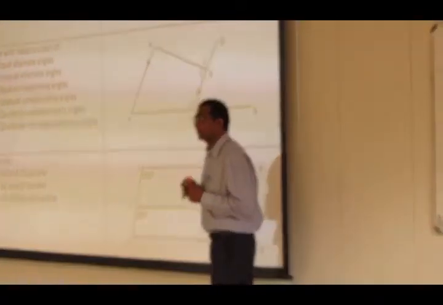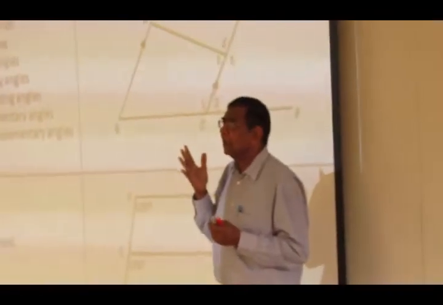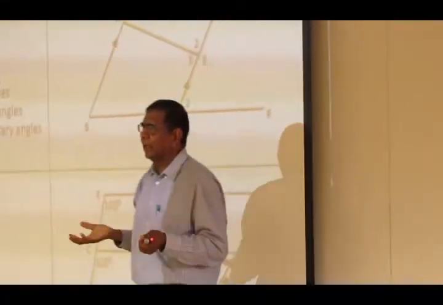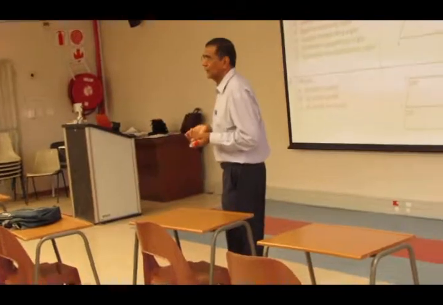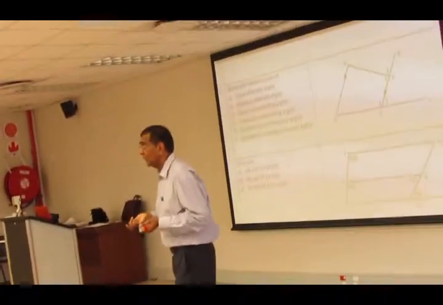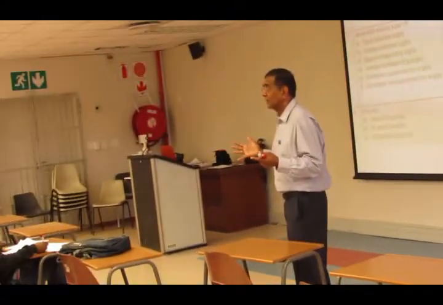Which ones would be equal? The corresponding angles and the alternate angles. But now there are also two other lines there. Are they parallel? No. Would there still be alternate angles and corresponding angles and co-interior angles? Yes, there would be. But what would be the difference?